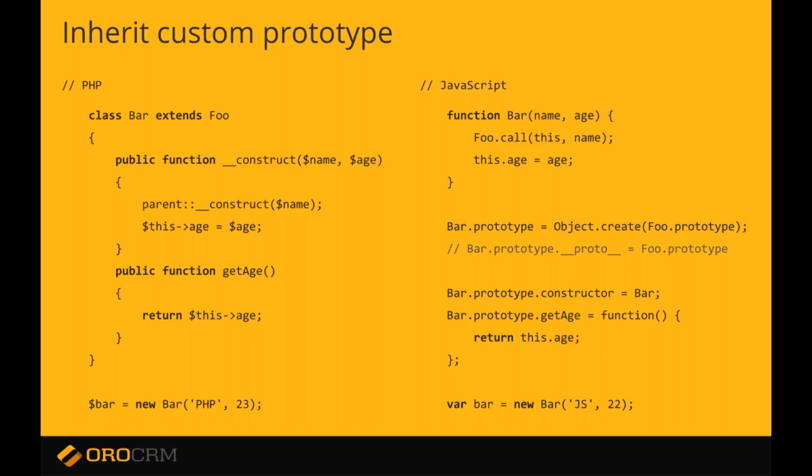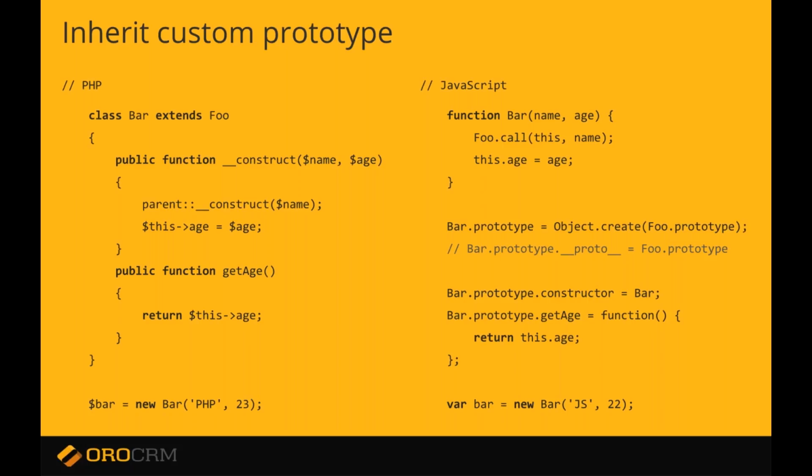After we are done with the constructor, here we have a very important moment. We have to chain our prototype. To chain prototypes in JavaScript, there is a special function, Object.create, which accepts at least one argument.